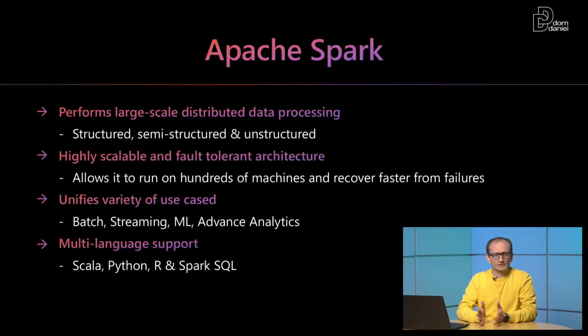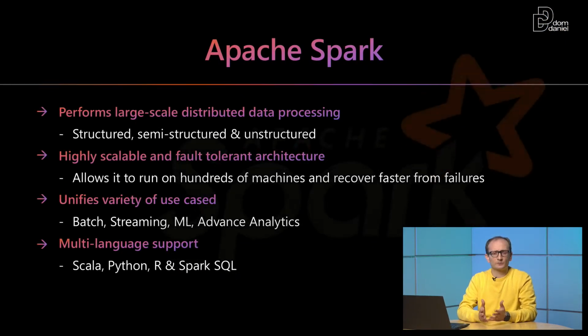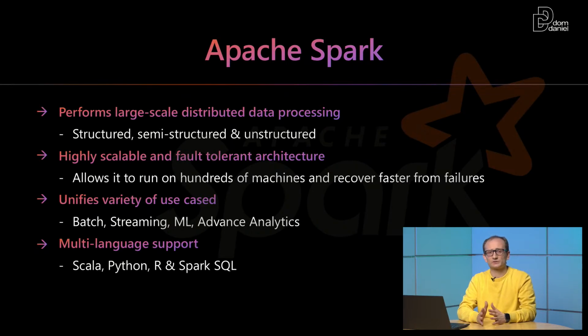Regarding Apache Spark, it's a powerful system which performs large-scale distributed data processing with wide data types like structured, semi-structured, even unstructured data. It has a highly scalable and fault-tolerant architecture, which is one of the main features of Spark that people like, allowing you to run hundreds or thousands of machines and recover faster from failures.